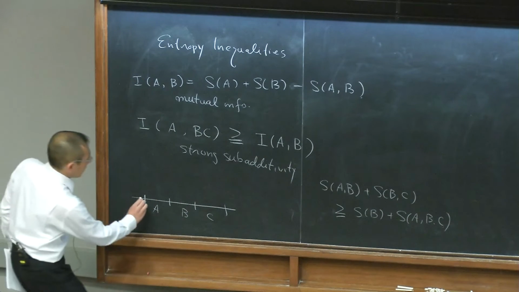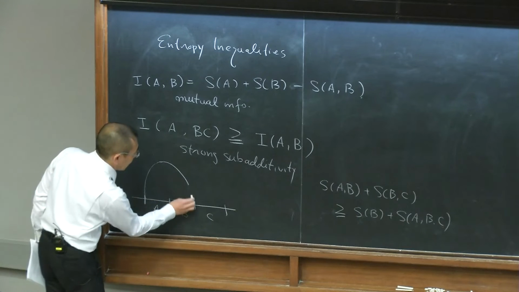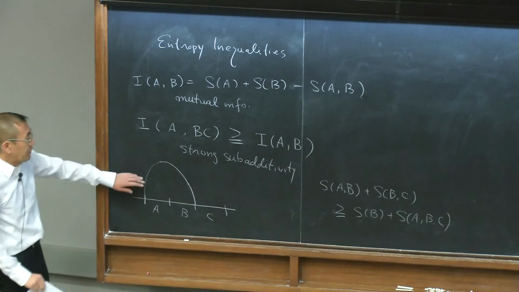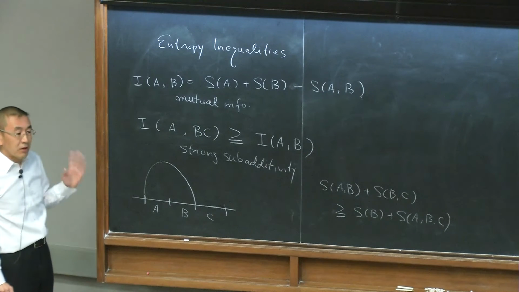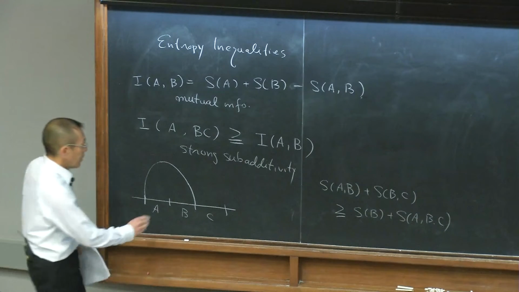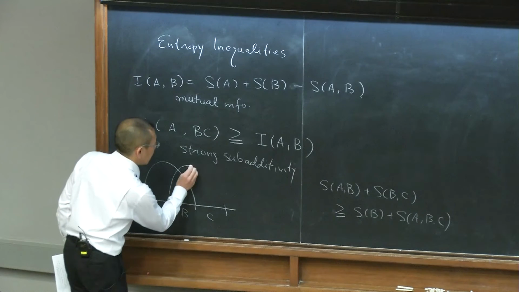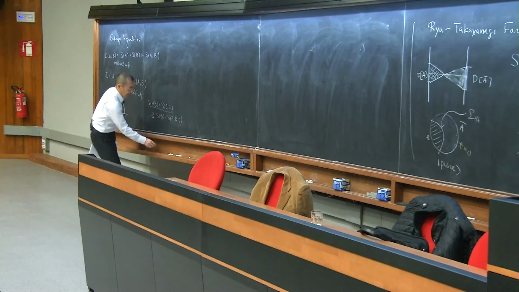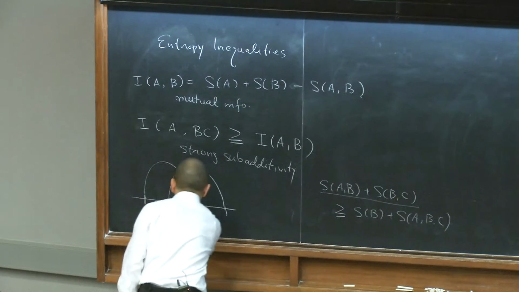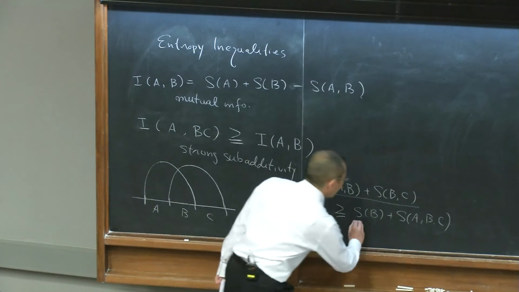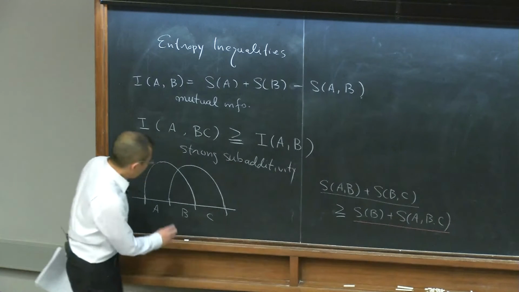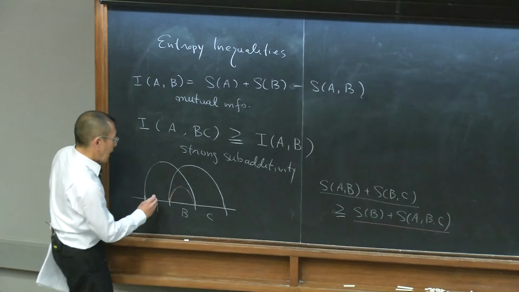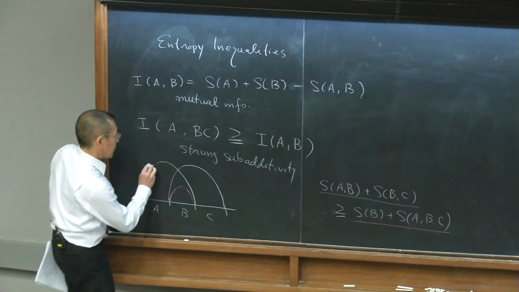S_AB would be a Ryu-Takayanagi surface like this, namely the area of this surface divided by 4 Newton. S_BC would be this. So this would be the left-hand side. In contrast, the right-hand side here is S_B, which is this, and S_ABC, which is this.